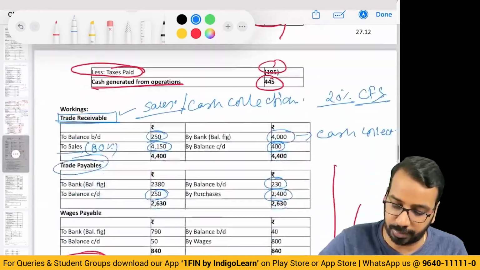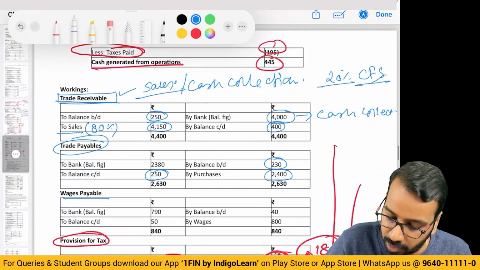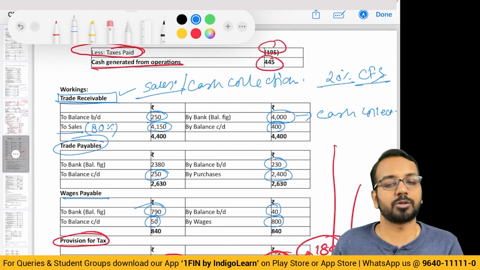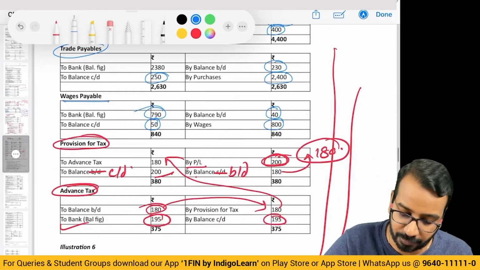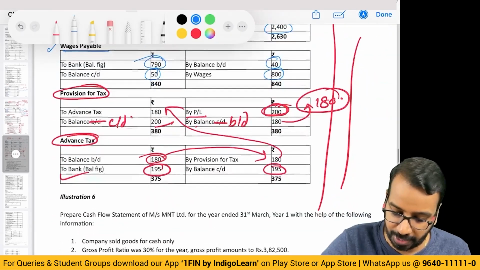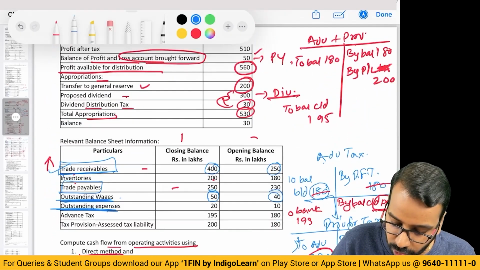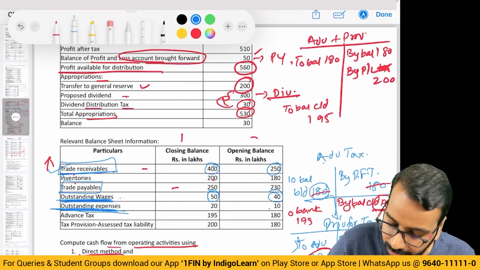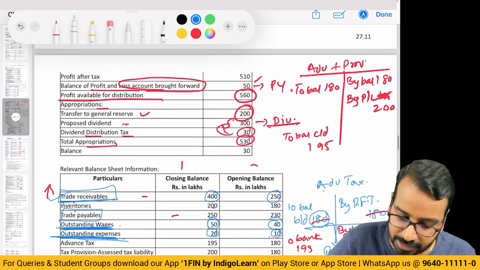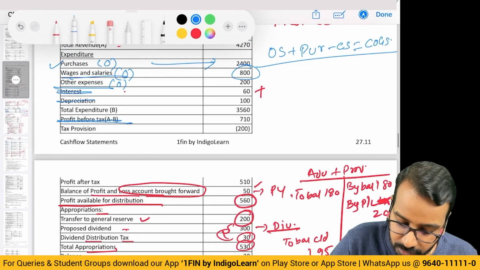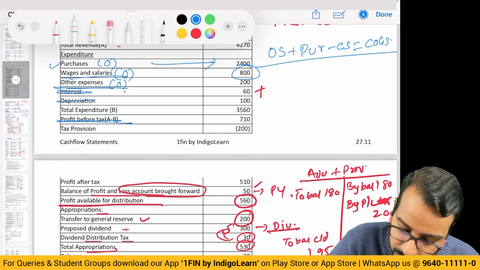You will prepare the ledger, wages payable, opening balance, closing balance, and the balancing figure is through bank. Like that you will prepare for wages payable, then you have outstanding expenses. Again for this opening balance is given, closing balance is given and expenses are given as 200.